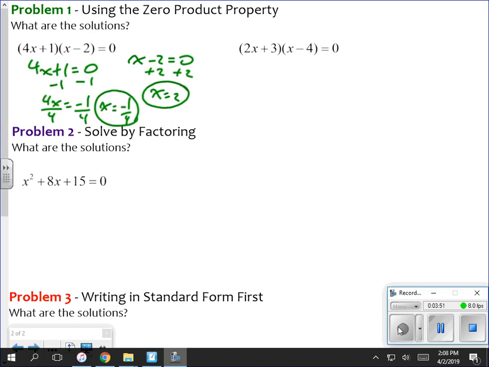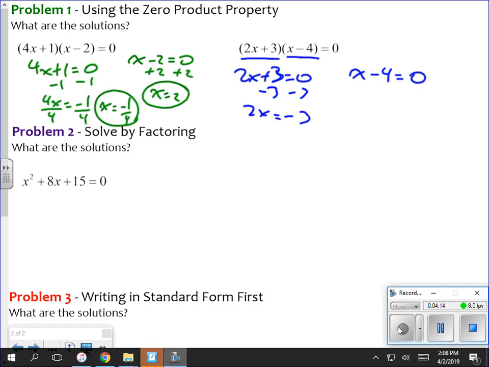Okay. Shouldn't take too long to do, because like I said, it's already in factored form. So the first step, take the first factor, 2x plus 3, set it equal to 0. Take the second factor, x minus 4, set it equal to 0. Solve for x. Subtract 3, and I get 2x equals negative 3.